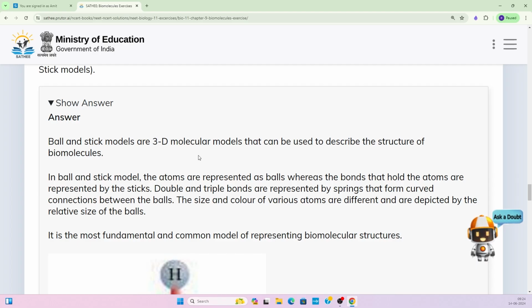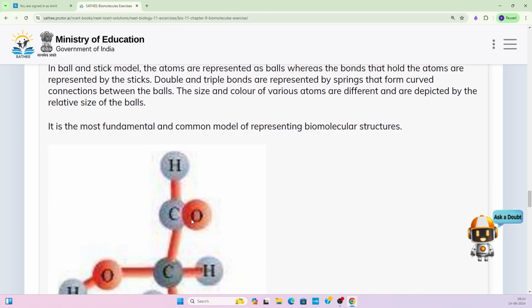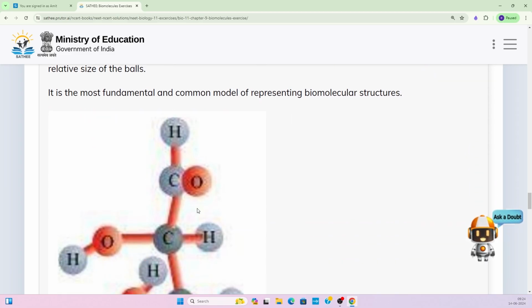For this, the ball and stick model shows the 3D molecular model of any biomolecule. In the ball and stick model, the atoms are represented as balls. Here you can see in the figure, these atoms are represented as balls, right? Hydrogen, oxygen, carbon are represented in different colors.